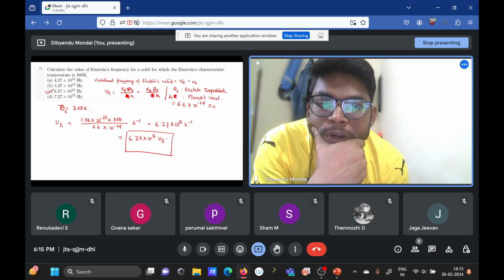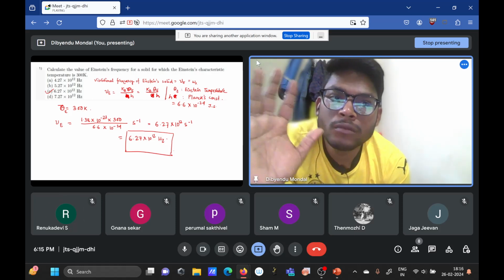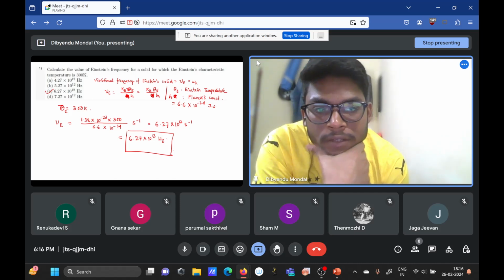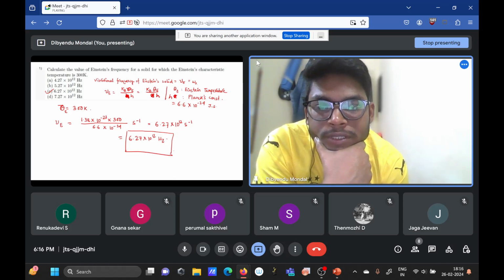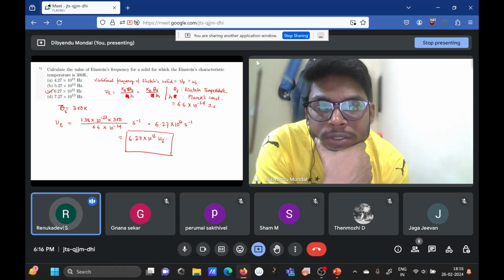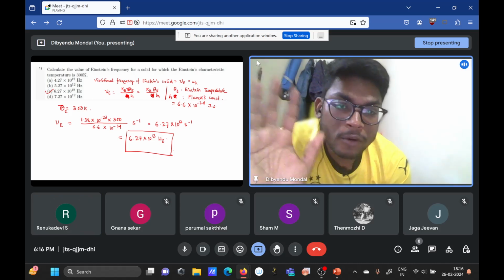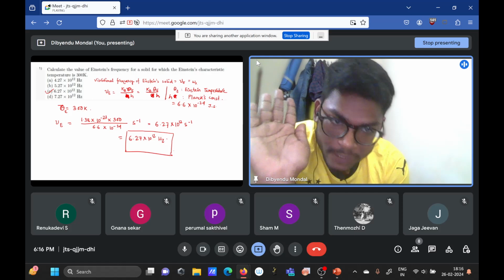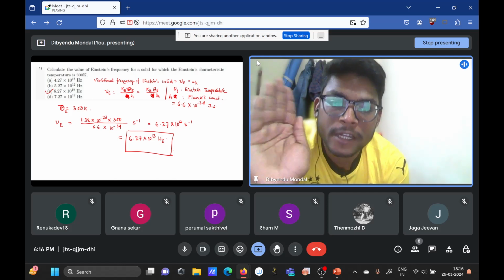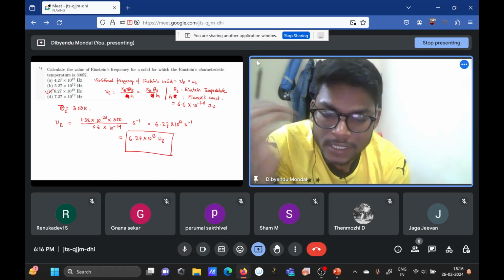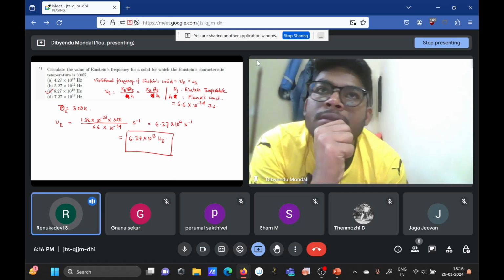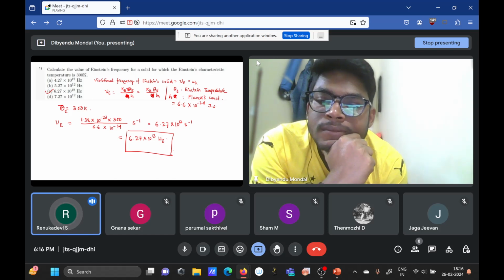So what were the assumptions in theorizing the Dulong-Petit law? Do you know those things? I'm not talking about the carbon and all this. I'm talking about how they did some experiments and then tried to give some theory to explain. At high temperature, Dulong-Petit law and Einstein theory, everything is also 3R.